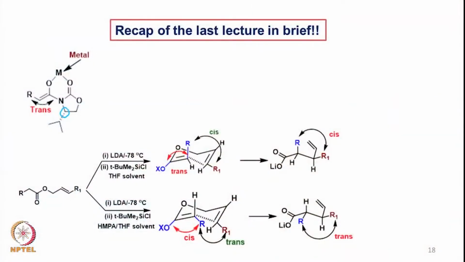The oxazolidinones are basically derived from different amino acids, and the configuration of the substituents on the auxiliary, for example here the isopropyl group, determines the orientation of the incoming electrophile when the enolate is reacting with the electrophilic species. And we also saw how the aldol products are formed.